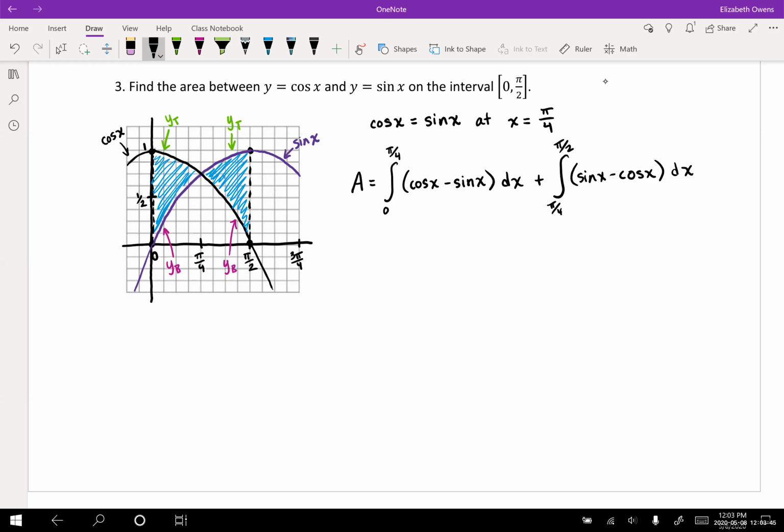There are two identical halves to this total area. We've got this wing over here and this wing over here. They are exactly the same size and shape. So for our shortcut, we can use some symmetry of the area that's graphed there. We have two identical halves.